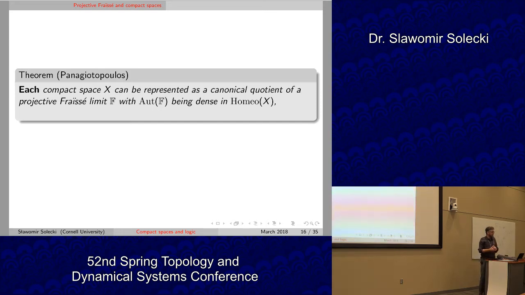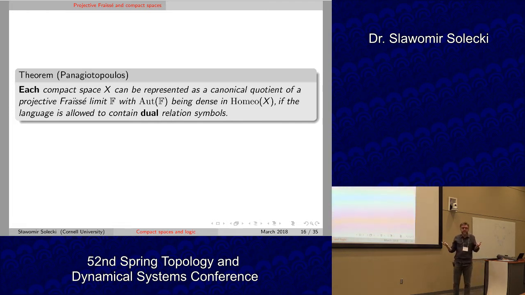But what you have to allow in the language, so I said you have this R, there's a language. I said you have to cut down to a subcategory. And this cutting down is done through a device called dual relation symbols. If you are familiar with, say, normal symbols in model theory, they bind tuples. So R holds of a tuple, say, less than in a linear order, tells me something about pairs.